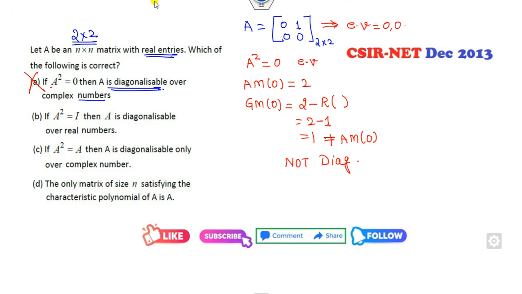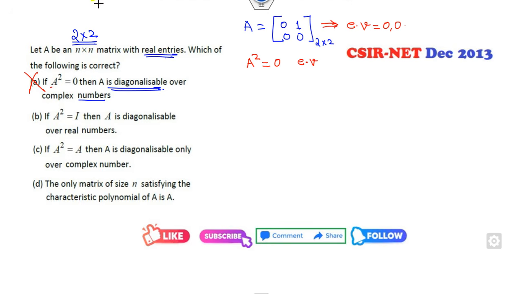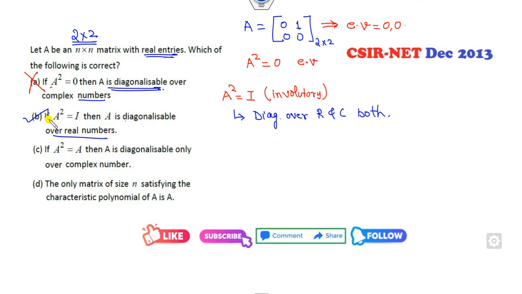A square is equal to I. What is the meaning of A square equal to I? That means this is an involutory matrix, and we all know an involutory matrix is diagonalizable over R and C both. So A is diagonalizable over the reals, that's fine.